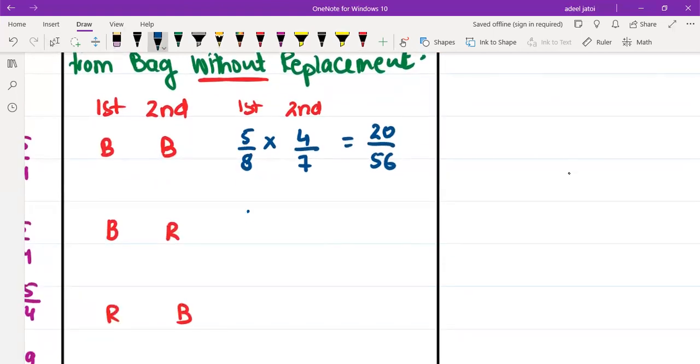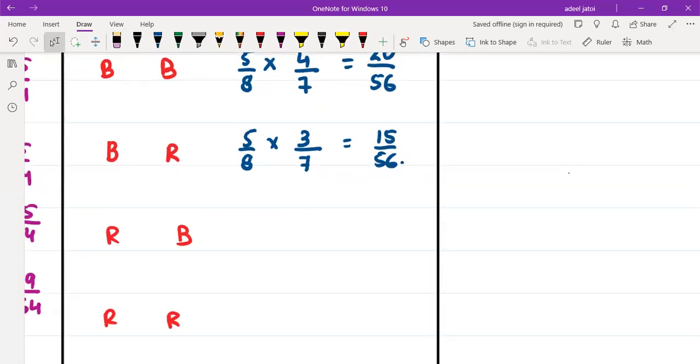Similarly, if the first one is black, this should be 5 upon 8. If the second is red, red has not been chosen up till now. So there are 3. But since the first was black and it has been kept aside, the total number will change to 7. 15 upon 56. Similarly, if the first is red, 3 upon 8. But since now I'm picking second as black, black are 5 upon 7. So this should be 15 upon 56 again.